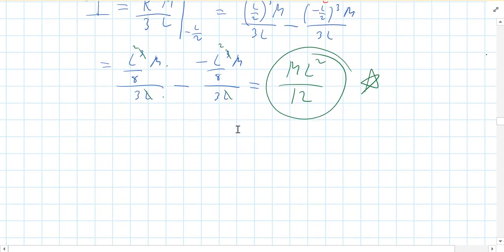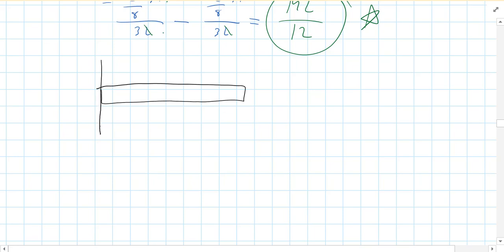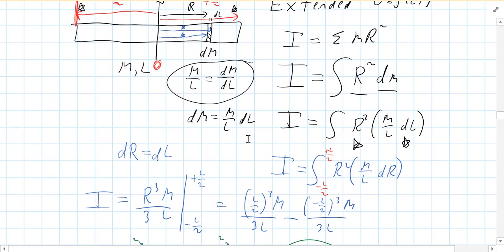Now, what if we change this up? What if we take that same rod and pivot it at its end? So you're swinging it like a baseball bat, let's say. It's still got a mass m and a length L. Well, here's the good news. You don't have to redo all this work.